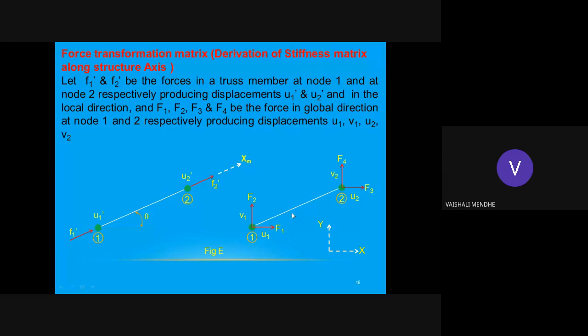Similarly for member 1, there will be forces, and let F1, F2, F3 and F4 be the forces in the global direction at node 1 and node 2 respectively, producing displacements U1, V1, U2, V2.